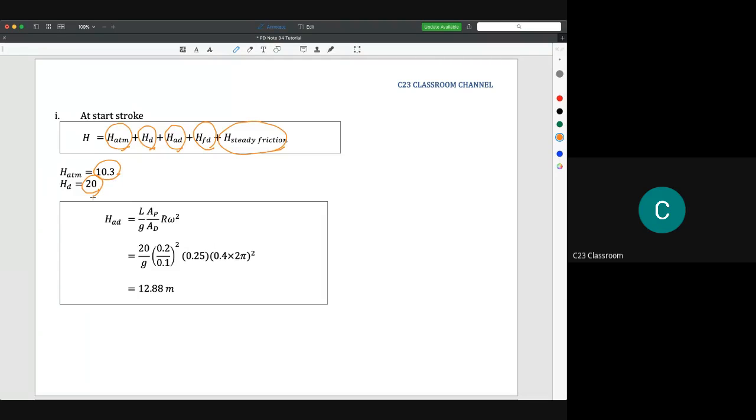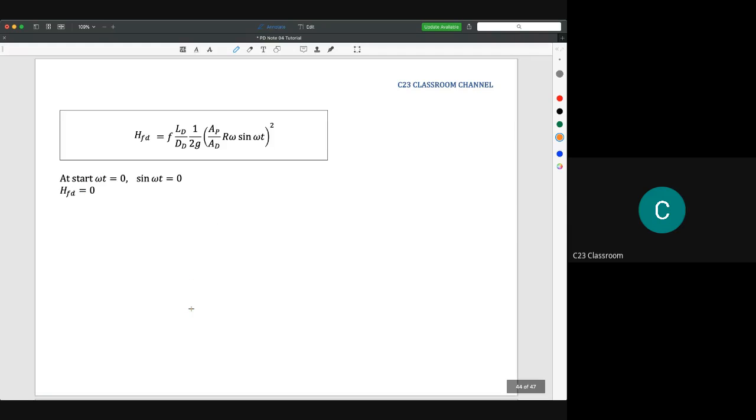Now we are going to calculate the acceleration and this value, because these two values will be influenced in terms of omega. For steady friction, it occurs all the time. First we calculate the acceleration head here, using this equation because we know the value of omega t is equal to 0. Then we get 12.88 meters.